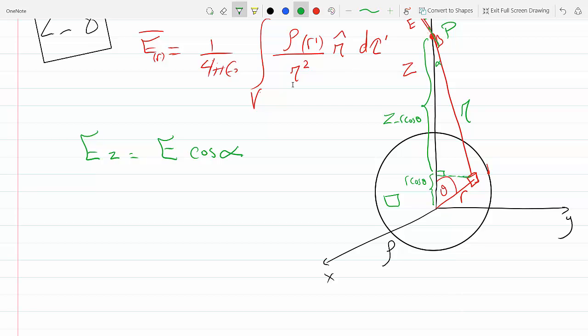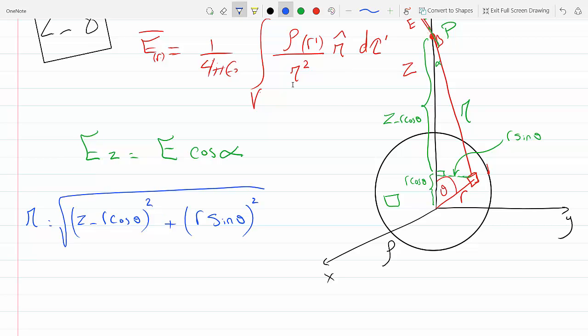Well, this piece here is r sine theta. So the separation vector, from the right triangle, would be the square root of z minus r cosine theta squared plus r sine theta squared.